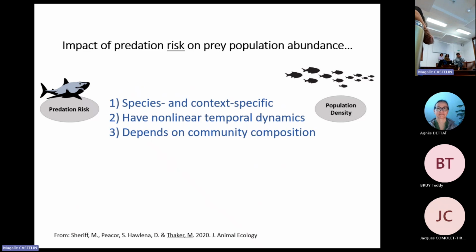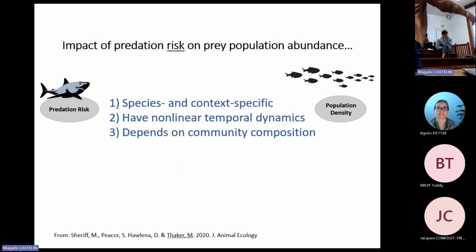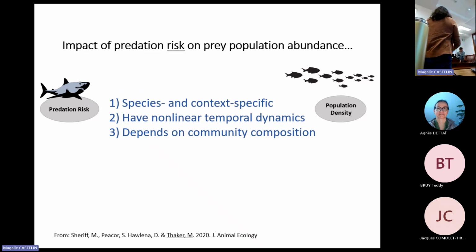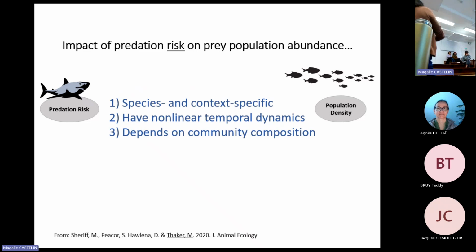So prey suffer first in some experiments, and then those that can produce an anti-predator response that works, they survive. And then after a while, density goes from low, because the bad ones die, and the fitter ones increase later. So it depends on how long you did your experiment. If you stopped it too early, predation risk will kill prey.